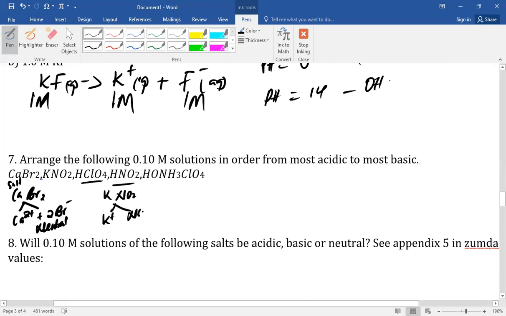It splits into K positive and NO2 negative. Because of the charges, this is basic, just like in the case of sodium hydroxide. So this one is basic.